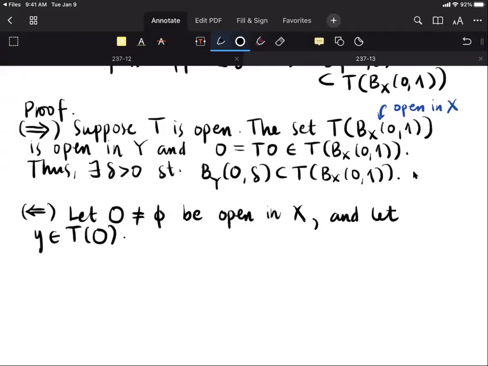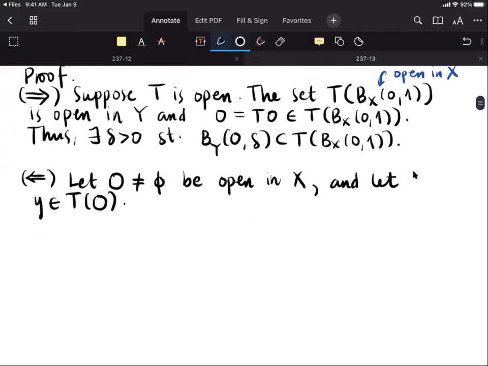So the goal is to find an open ball that is contained in this image. By the definition of an image set, there is an x in O such that y is equal to T of x.